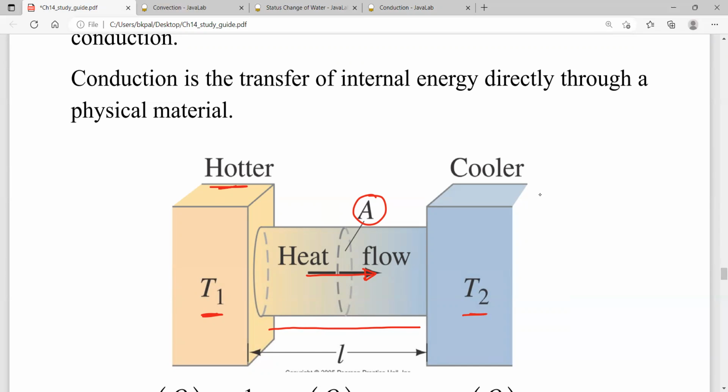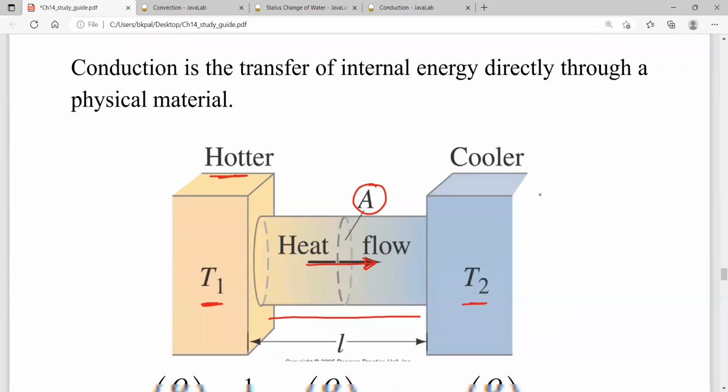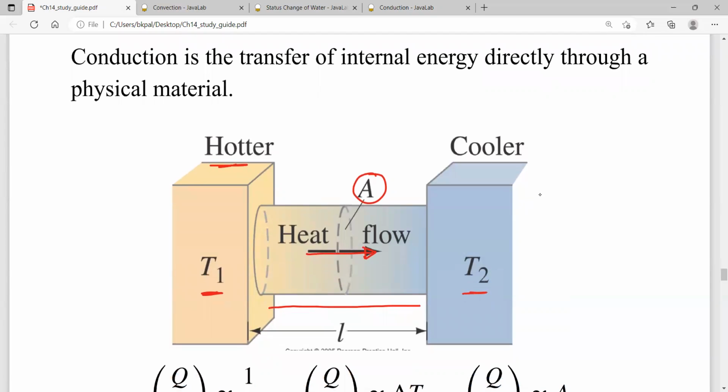I call it thickness because in some numerical problems you will be using, for example, a glass window. For a glass window, the length is different from the thickness. The window's thickness is basically this one.